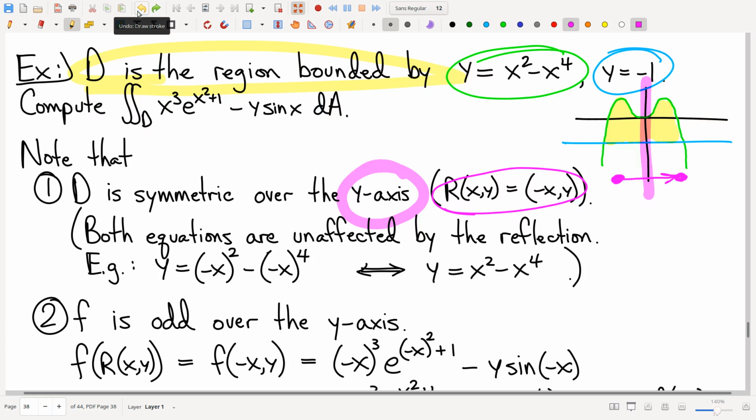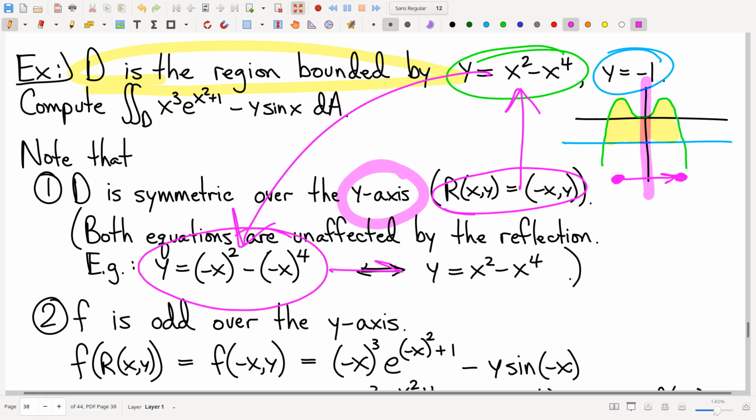And the big idea is I'm going to take my formula for my reflection and I'm going to stick it into there, which makes it turn into this, which I can do a little bit of algebra with, which turns into this. And just notice that when you plug your reflection into this equation, same equation. So what that means is that this green curve is its own reflection, which means it's symmetric. Is that cool?